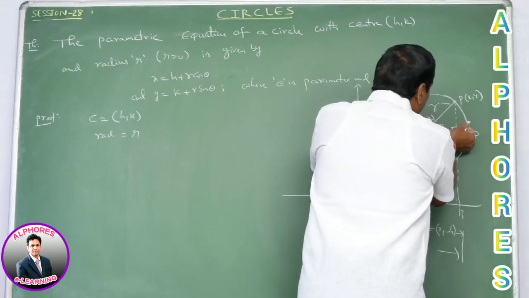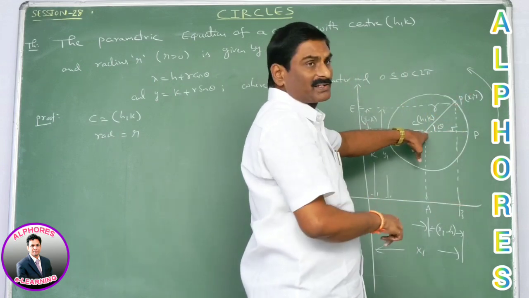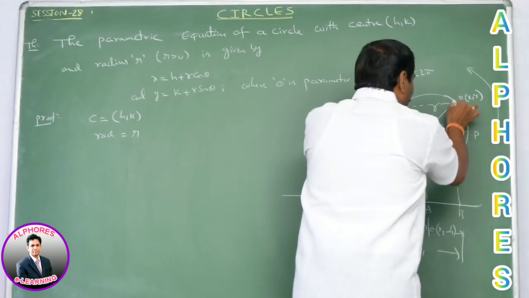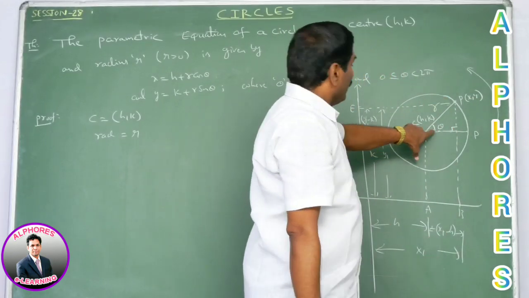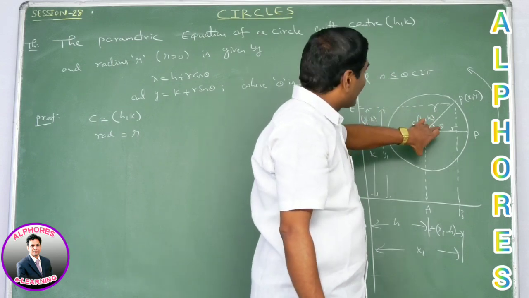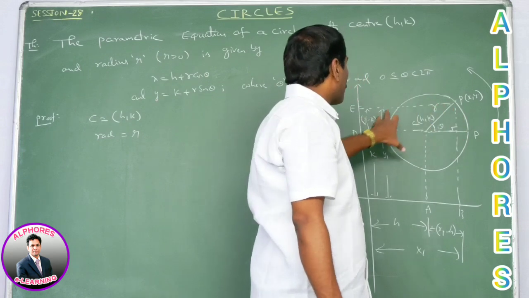Suppose this point P moves in this direction, the anti-clockwise direction, then the line OP subtends an angle theta with this horizontal line. If P moves, the value of theta also changes. Here theta is the variable. For different values of theta, we get different points on the circle.